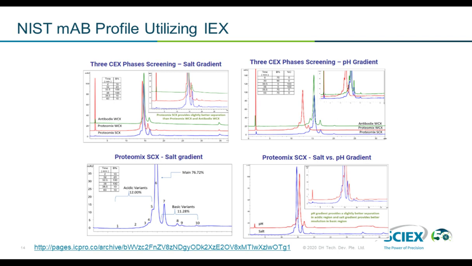From there, we need to determine whether a salt or pH gradient offers the best resolution for this one molecule. And once we settle on those parameters, we should really run a little DOE to ensure we're in a robust space, so that when the next person picks it up, they get a nice, good result, just like the one we got.